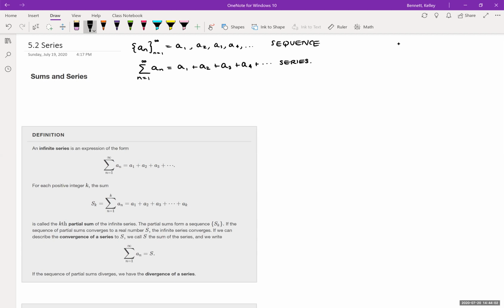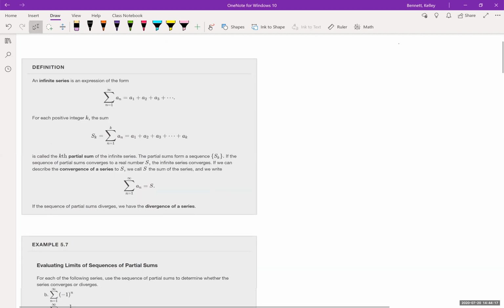So now the idea is to consider this infinite sum as a limit of sorts. Obviously none of us have time to sit around and add an infinite list of things together. So the method is to create a partial sum.